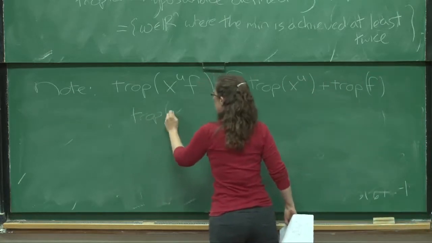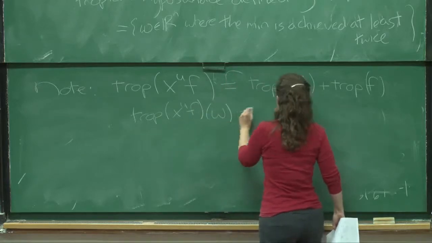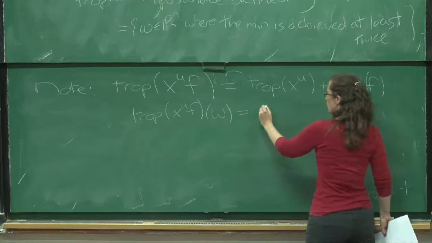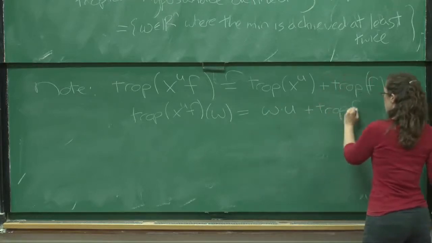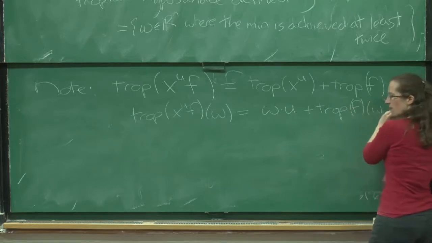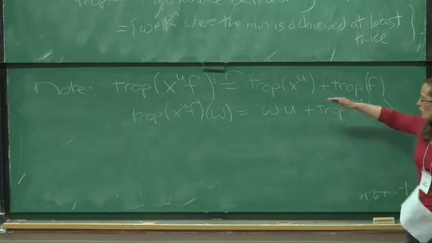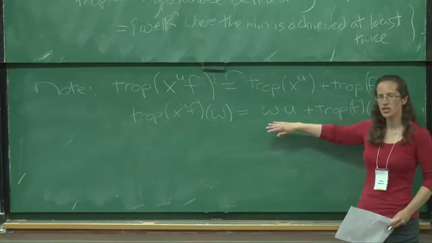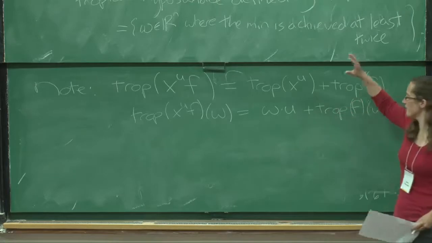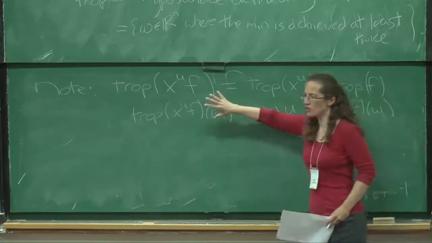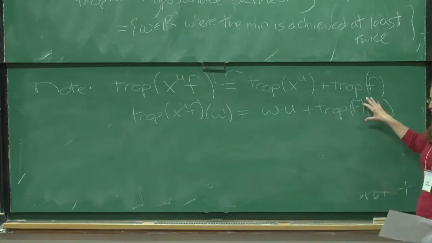So as a function, x to the u times f applied to some vector w, that's going to be the tropicalization of x to the u. It's just going to be w dot u plus trop f of w. Okay? So remember we're looking at the non-differentiability locus or the non-linear locus. What you'll notice is that this function is going to be differentiable or linear exactly where this function is.